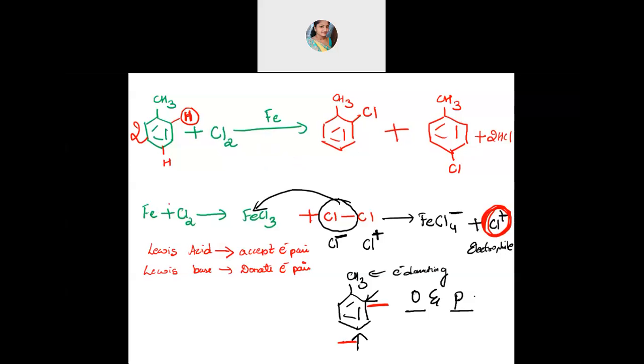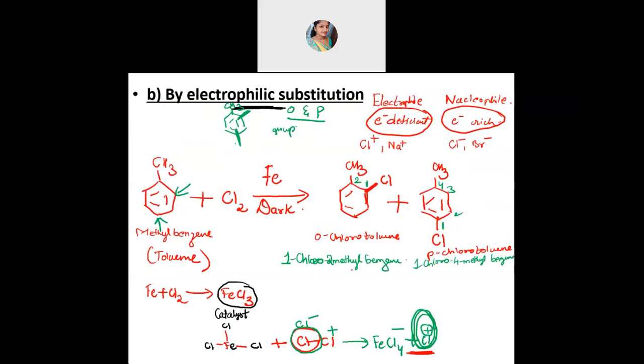The name I gave you just now, see, I'll go back. The name I gave: 1-chloro-2-methylbenzene and 1-chloro-4-methylbenzene. These are common names: orthochlorotoluene, or you can write orthochloro methyl benzene, or parachlorotoluene.